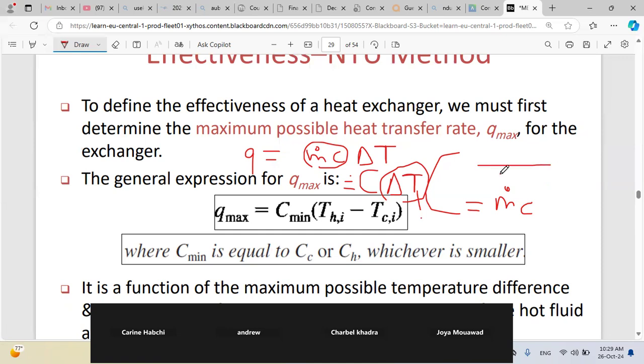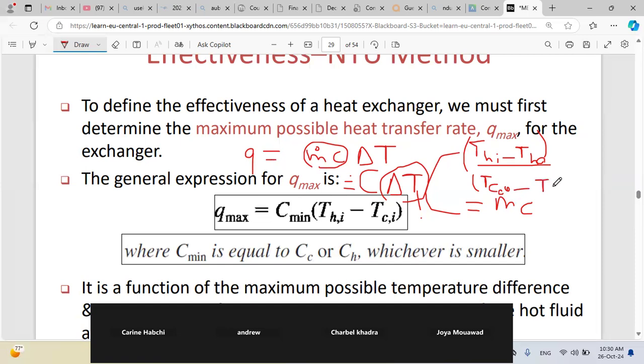And when we wanted a certain value for delta T, we did, let's say for the hot fluid, T hot in minus T hot out. In case we are considering the hot fluid, we do m dot Cp times T hot in minus T hot out. In case we are considering the cold fluid, we say Q is m dot C times T cold out minus T cold in, okay? But what is the maximum possible difference?